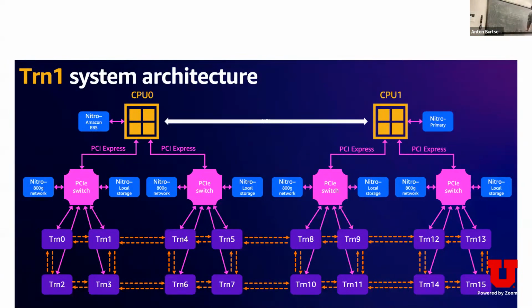Amazon obviously wants to be a player in the machine learning space. They have two chips, one for inference and one for training. Yes, so probably this is training.